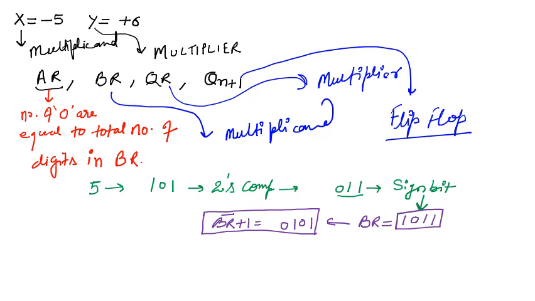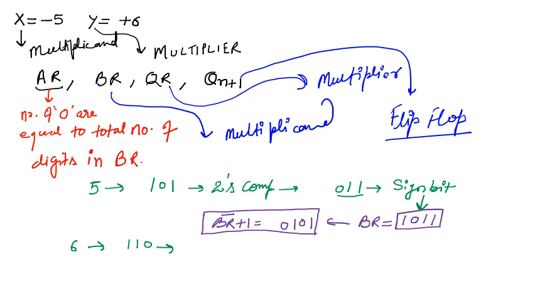Now, how to calculate the value of QR? In our case, the QR's value is 6. The binary value of 6 is 110. And since 6 is a positive number, there is no need to take the 2's complement of this number again.